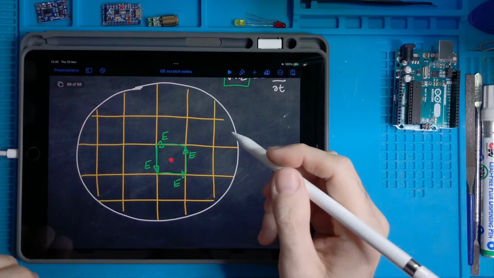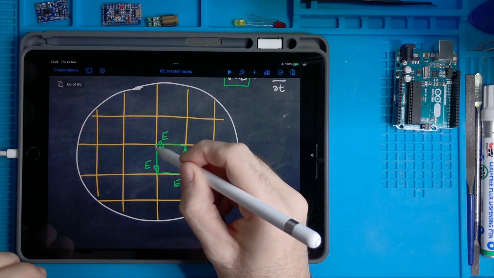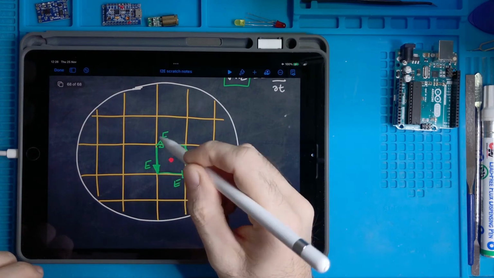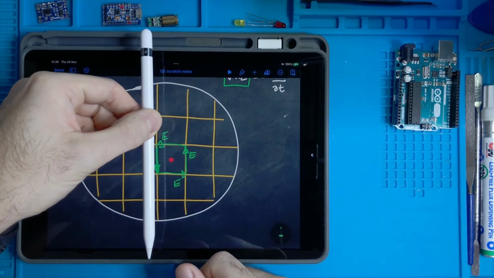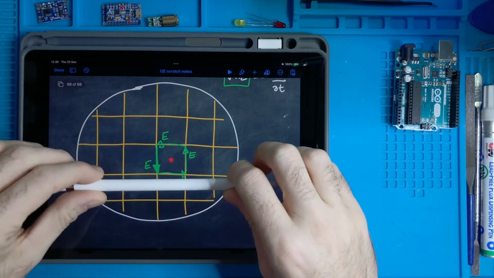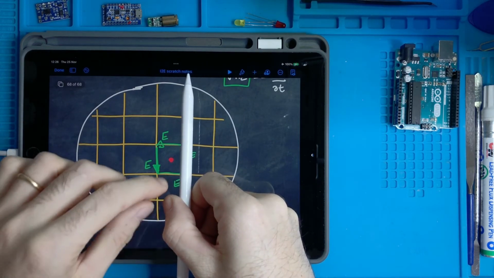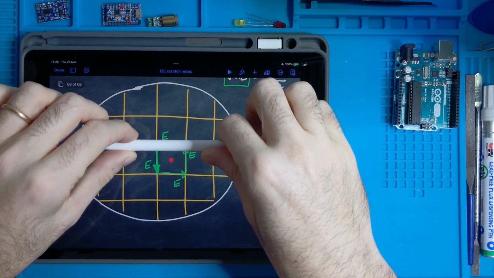Then we calculate the integral of this field on that loop, which means this multiplied by a little vector indicating the direction of the loop, plus this multiplied by that direction, plus this multiplied by that direction, plus this multiplied by that direction.